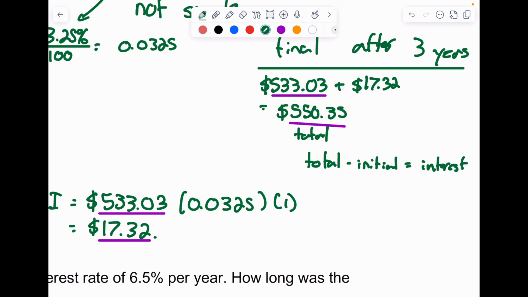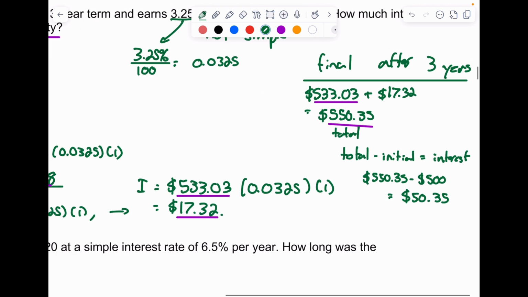So we have our 550.35. Take away what you started with, $500, and that means you would have earned $50.35. That is your interest earned.